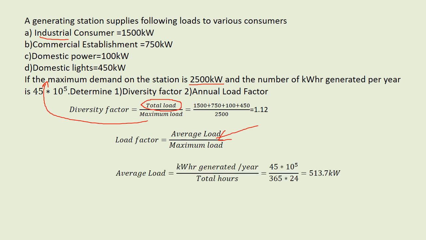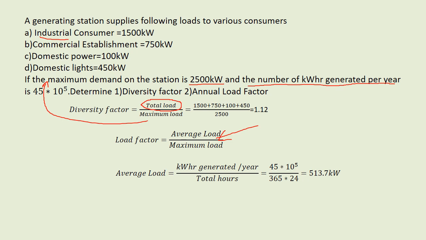In the previous slide the load was given in hours. Now here it is given per year, as you can see the number of kilowatt hours generated per year, which is 45 into 10 raised to the power 5.